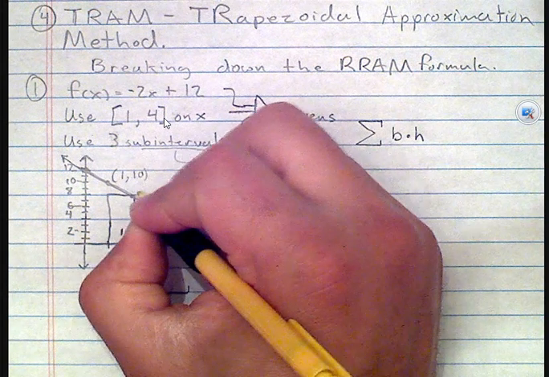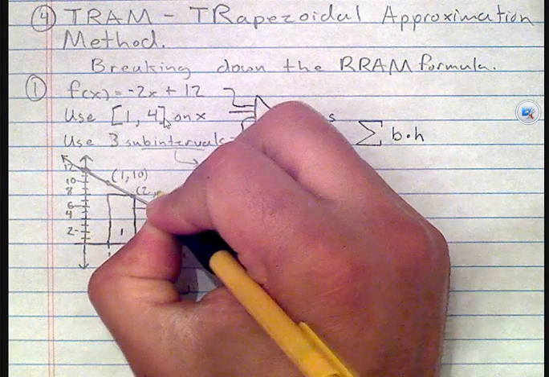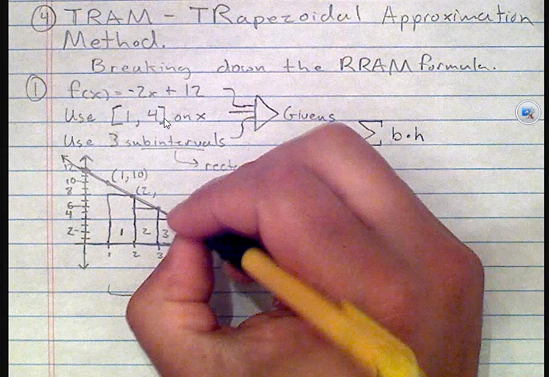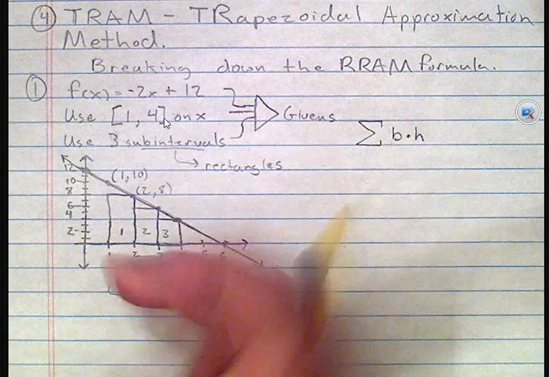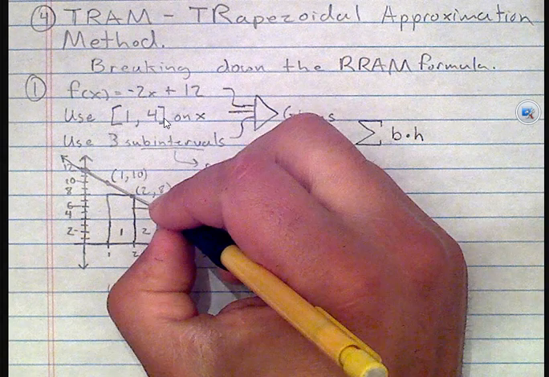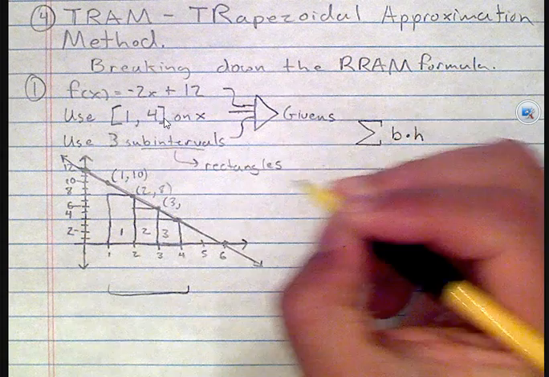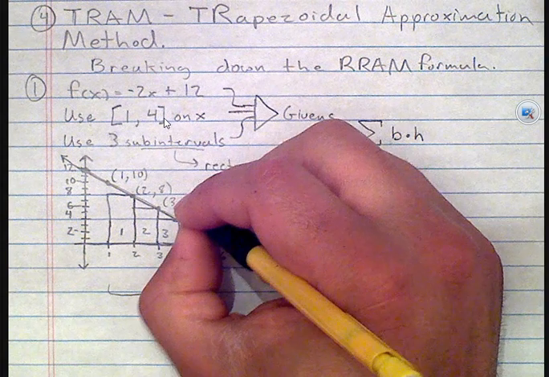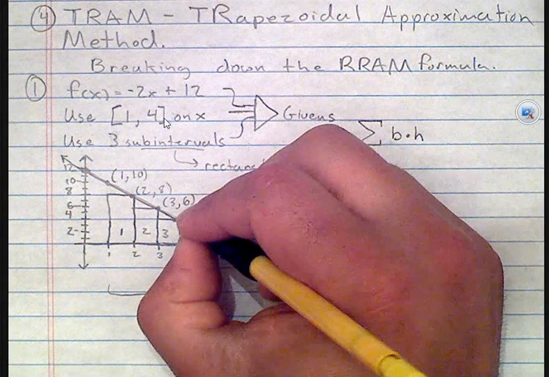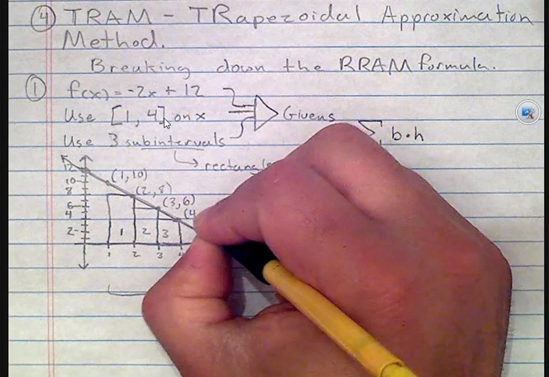Then this one, 2, and when I plug it in I get 8. Then this one, 3, and I get 6, and this one, 4, I get 4.